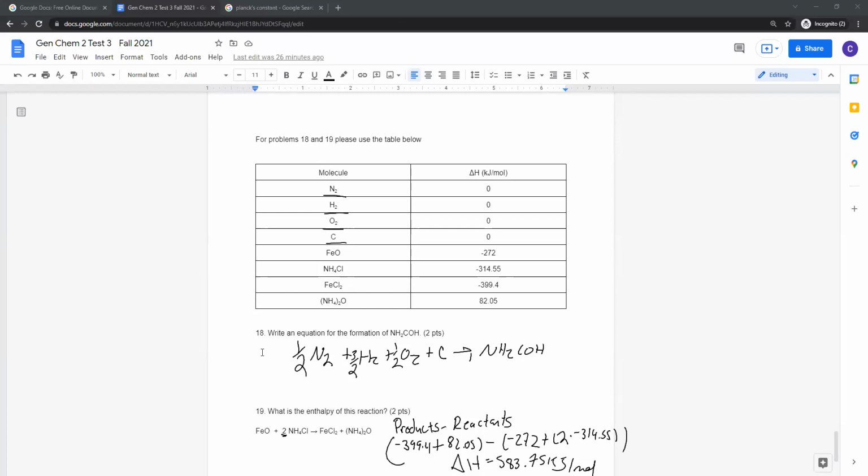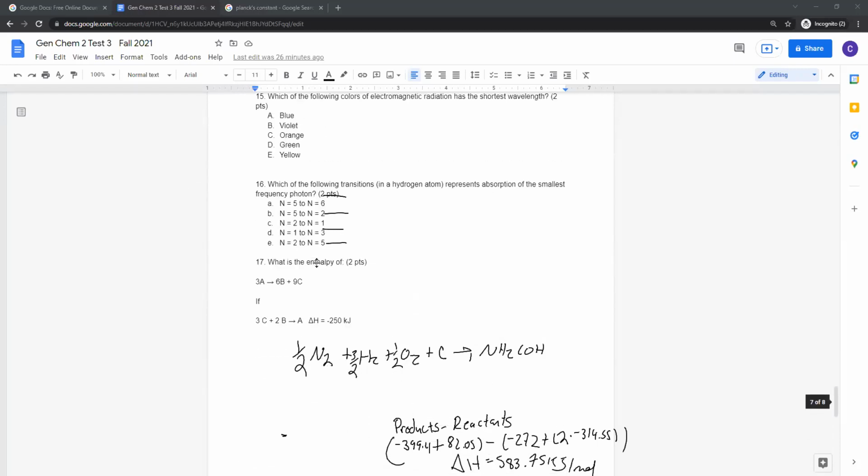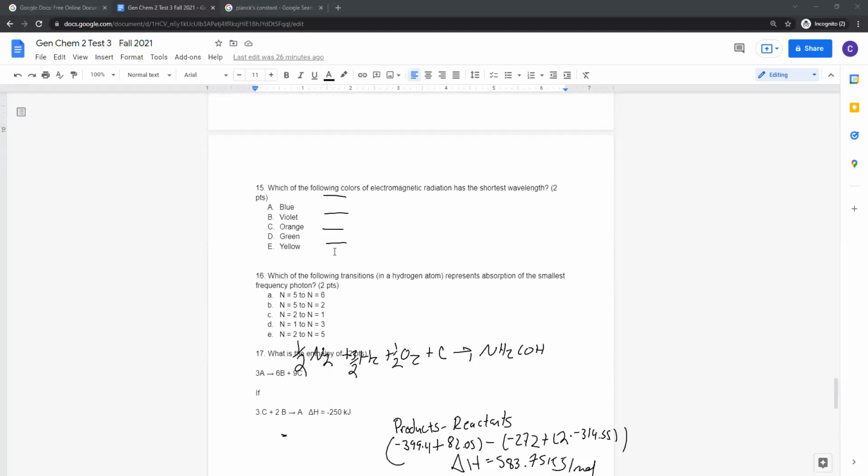I had a question on test 3. Could you go question 16? Yeah. Which of the following represents the absorption of the smallest frequency photon? And then we have a question about precipitation reactions. All right.